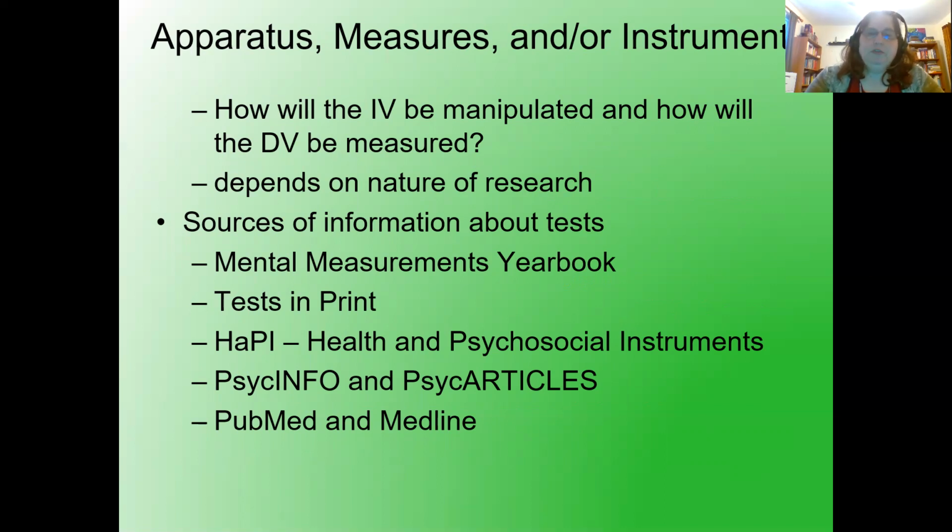That's another nice option for how to get information about tests. I will say that if you're finding yourself really stuck in finding a measure, you can always reach out to me as well. I'm another resource for you because I have a whole bunch of measures collected.